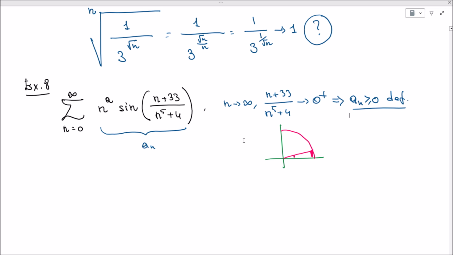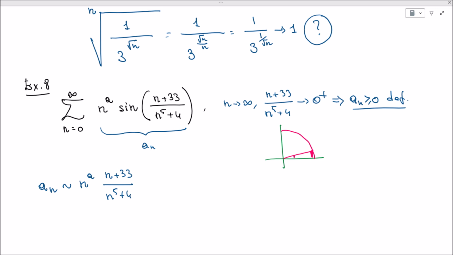Now let's have a first look at this an. Asymptotically, an will behave like n to the a. When the argument of the sine tends to 0, we can approximate the sine with its argument. So this is pretty much like n to the a times (n plus 33) divided by (n to the fifth plus 4).